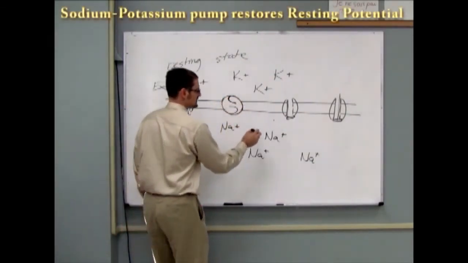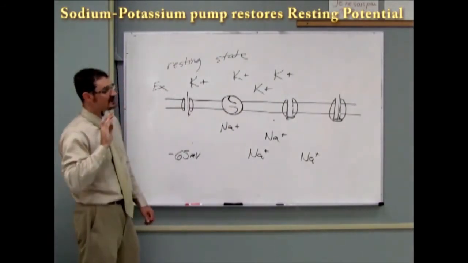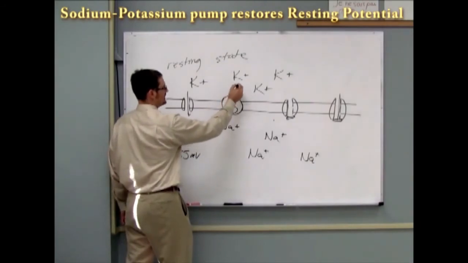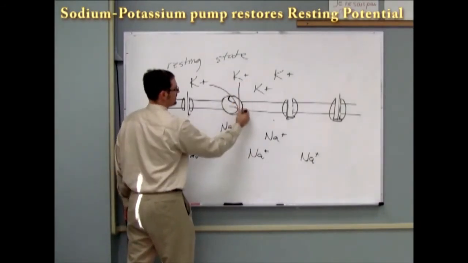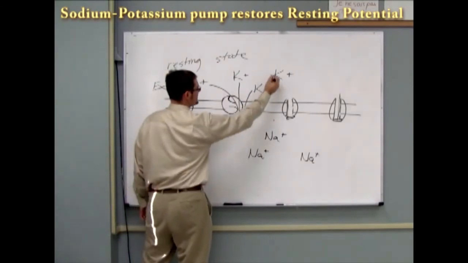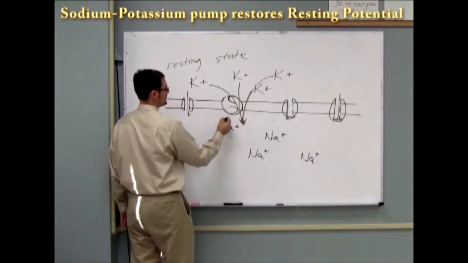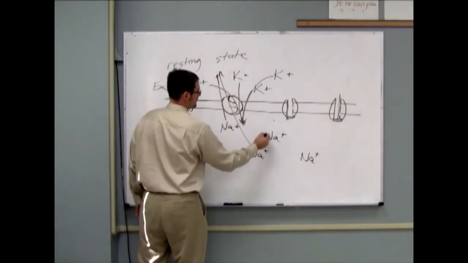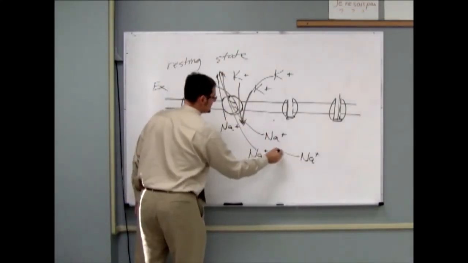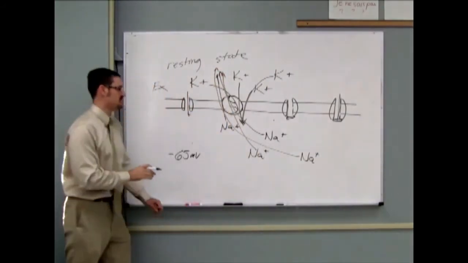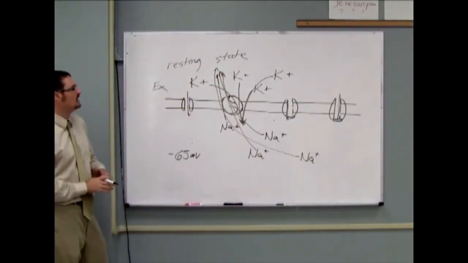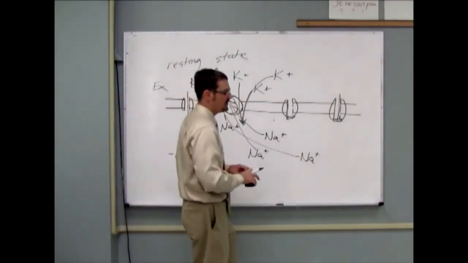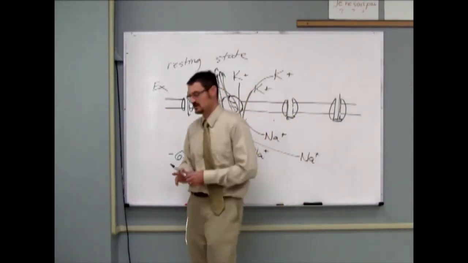And that's going to restore the resting potential because, again, the sodium-potassium pump is going to drag potassium back into the interior of the neuron, while it's dragging sodium to the extracellular space. And once it's actually done this, the charge will return back to the resting potential.